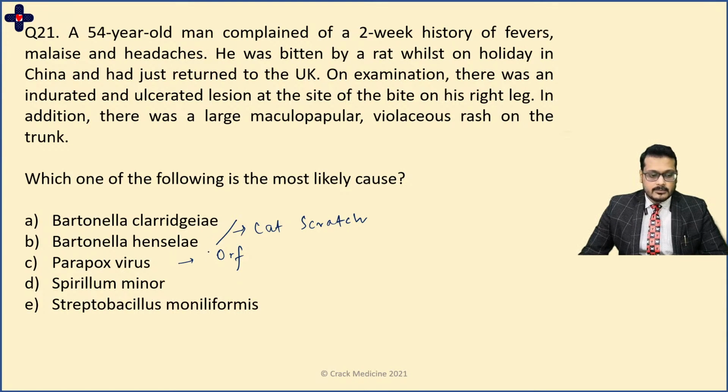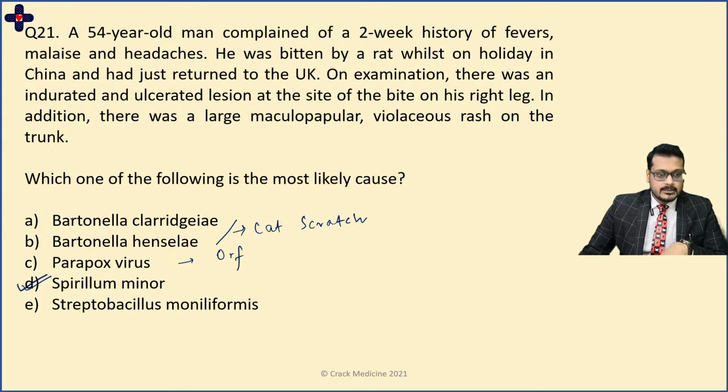And Satyam says E, and Dr. Aisha says D. So I've already ruled out three options based on your answers today. So there's a conflict of interest over here, and most of you are saying E, but the answer is D. And why the answer is D is because this man was bitten by a rat while he was in China.